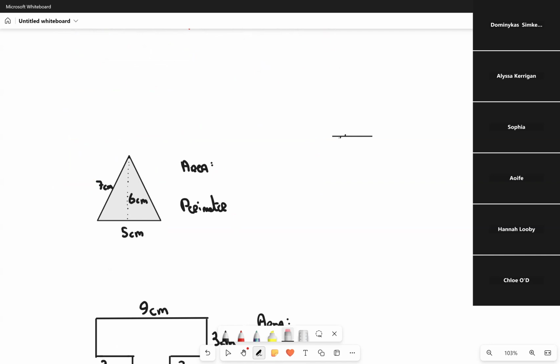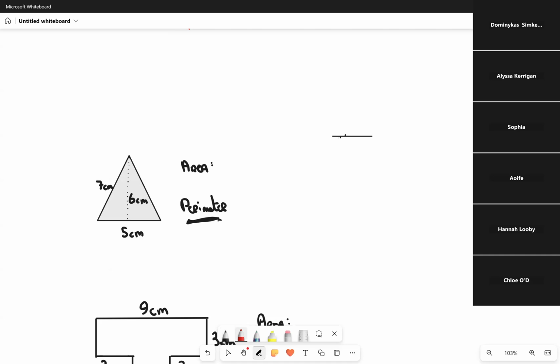Let's see. Alyssa, can you hear us or talk? Yeah, okay, perfect. Alyssa, do you want to take this one first, the perimeter? Okay, let's talk you through it. So perimeter of any object, whether it be triangle or square, is we add up all the outside lengths.